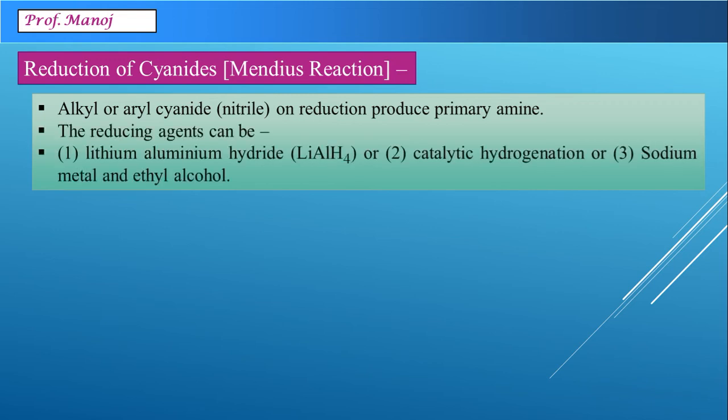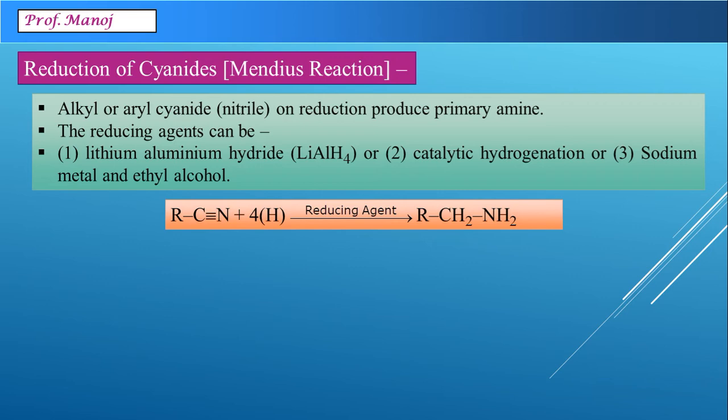And the reducing agents used are most popularly lithium aluminium hydride, or catalytic hydrogenation, which indicates hydrogen with nickel, or sodium metal and ethanol. You can use any reagent. The reaction looks like this.